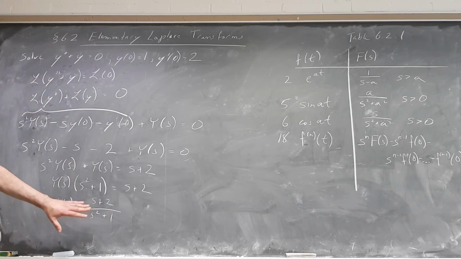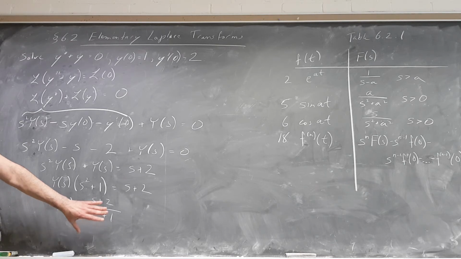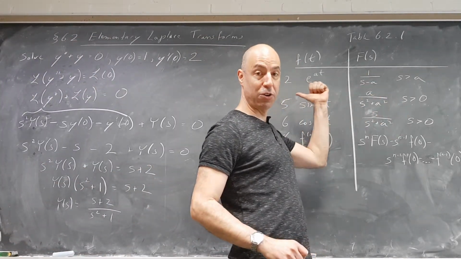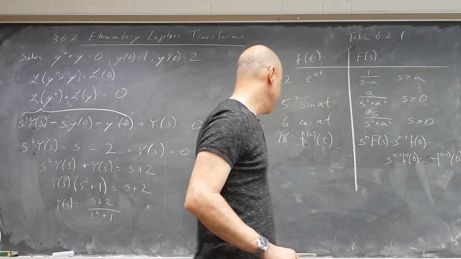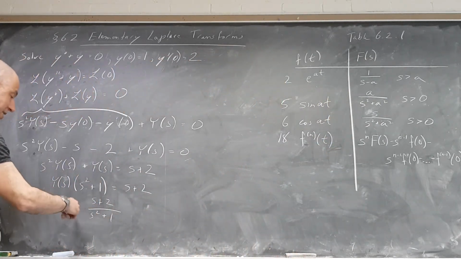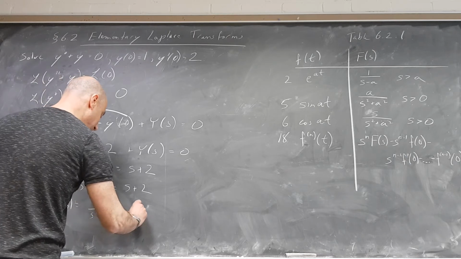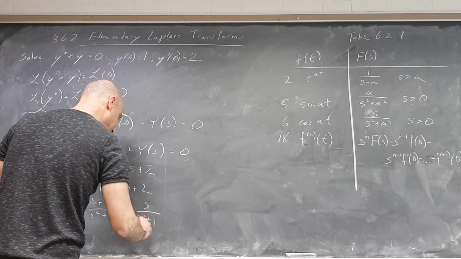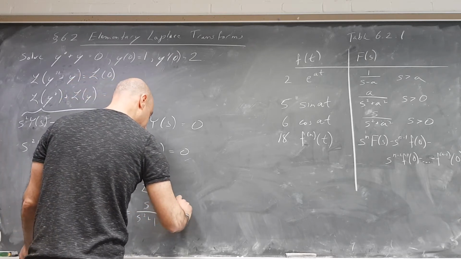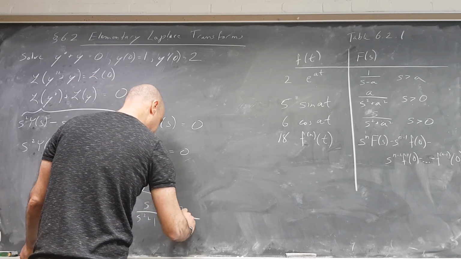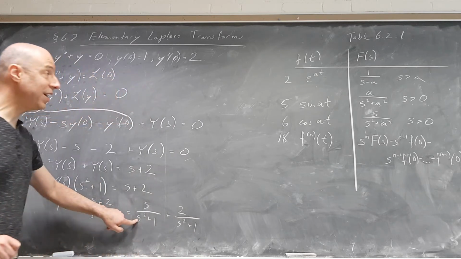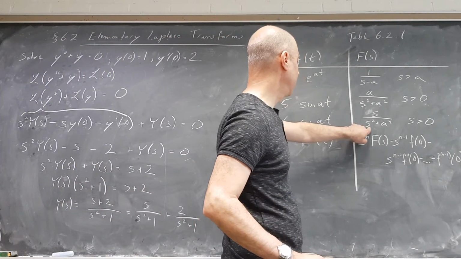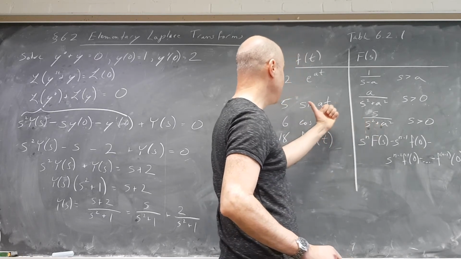Now what we want to do is massage this into a form where we can use our table to bring us back over to the right-hand side. I'm going to break this up into two fractions. I'm going to write this as s over s squared plus 1 plus 2 over s squared plus 1. Now that I see right there, where a is 1. So I can use that.